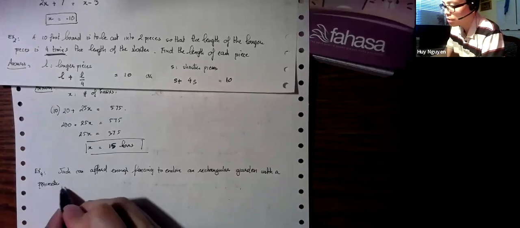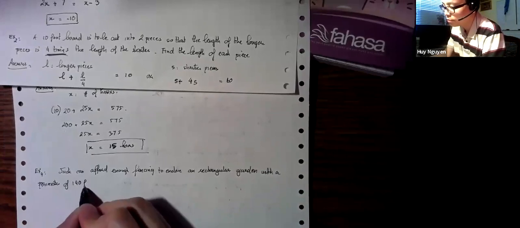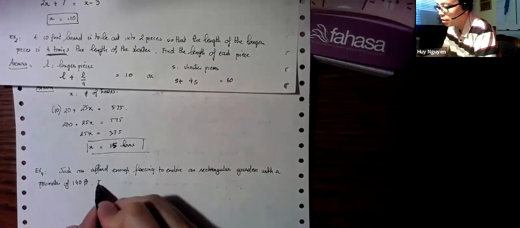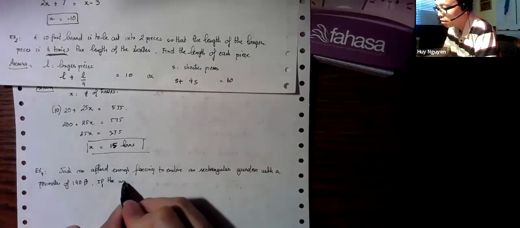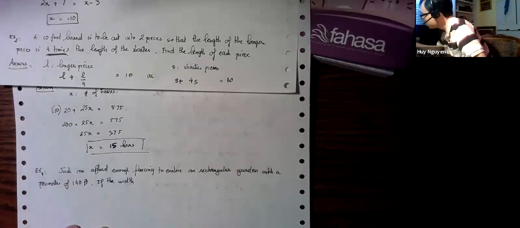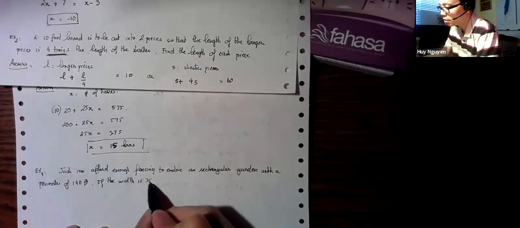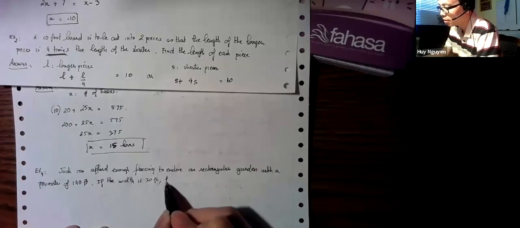It means you have to start with perimeter, 140 feet. If the width of the garden is to be 30 feet, so the width is 30 feet. Find the length.